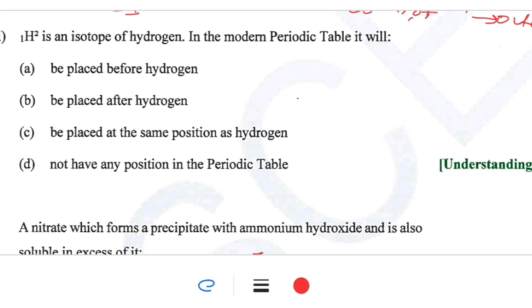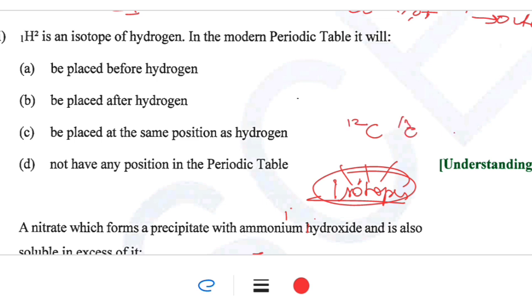So this question is, whenever we talk about isotopes, yes, we came across isotopes many times, and we know that in the periodic table there is no separate place for isotopes. If I talk about carbon, even carbon has different isotopes, like carbon 12, carbon 13, carbon 14, right?